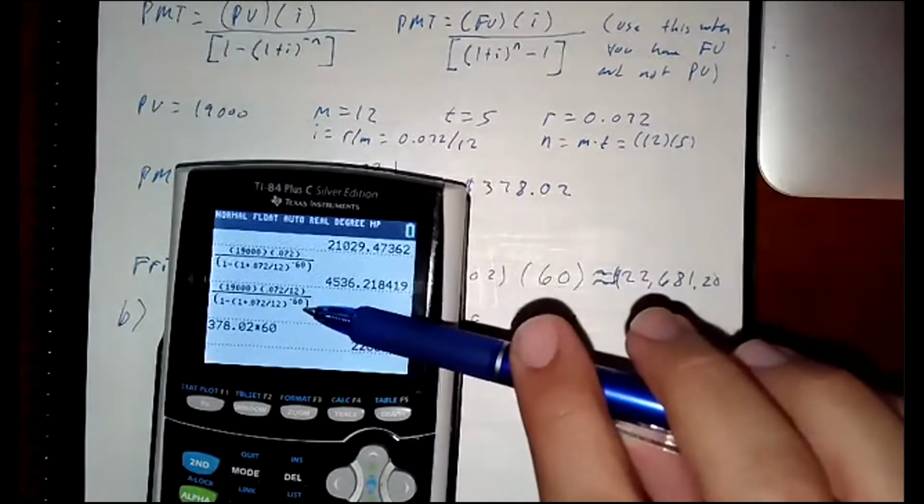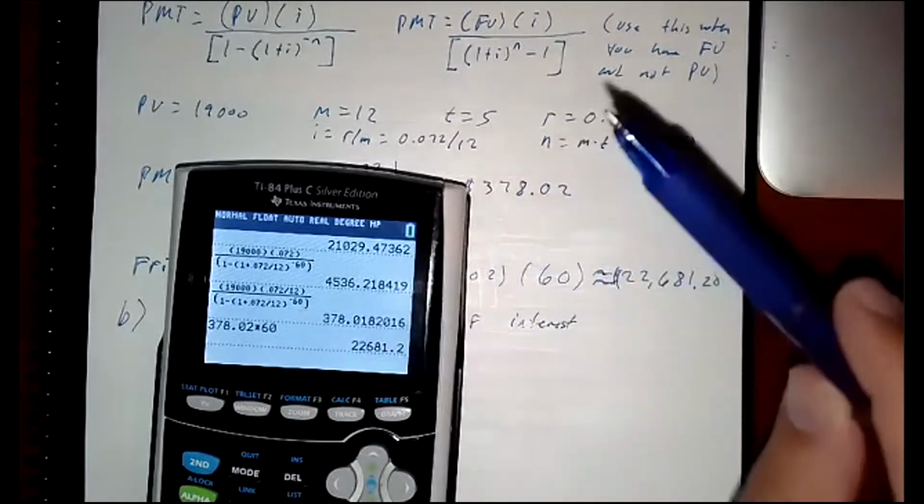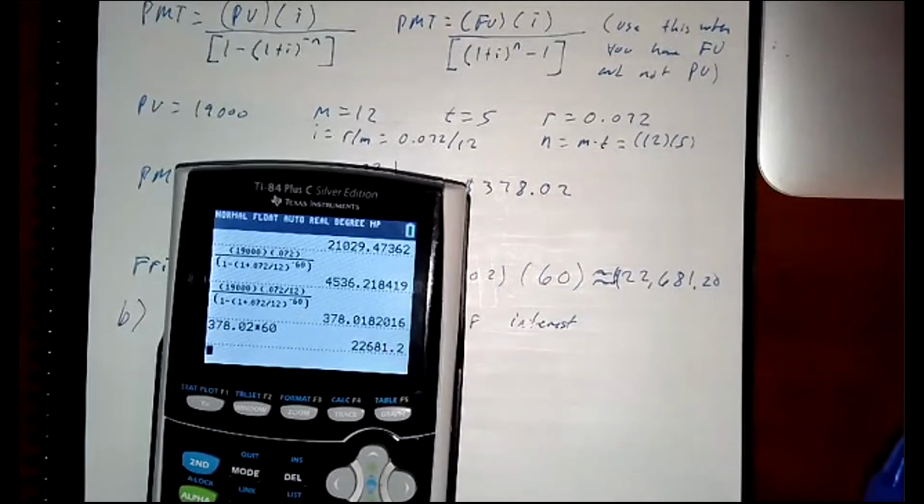Yeah, you put the negative 60 in there? Well, I got 37.801. So maybe I just forgot my decimal somewhere. Did you put 19,000 or 1,000 in there? Oh, that's what it is. Okay. Yeah, it's in the zero. Thanks. Yeah, that's okay.